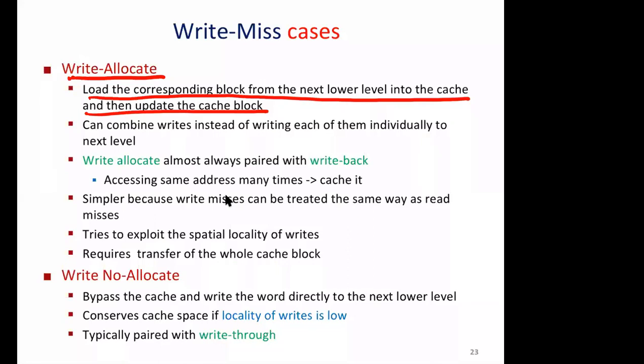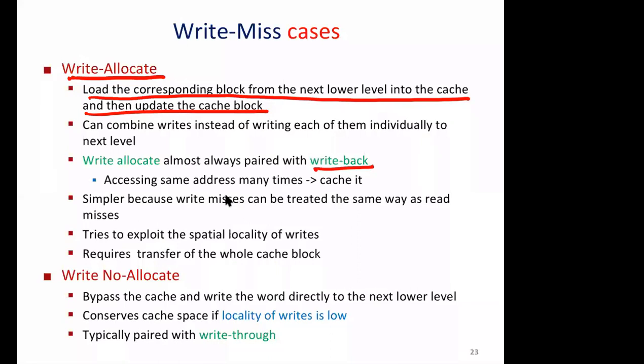All right, so there are certain advantages of this. We almost always pair it with write back. It means once we have brought the block to the top level of the cache from lower levels, keep writing into it. If there are multiple writes, do it until this block is evicted.